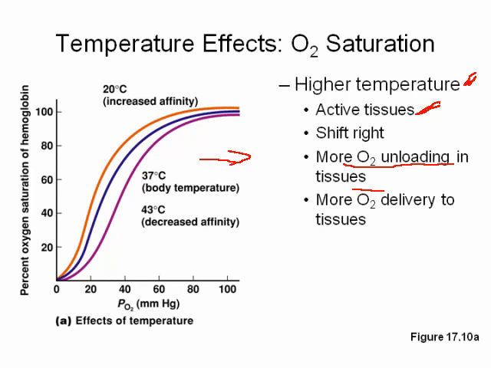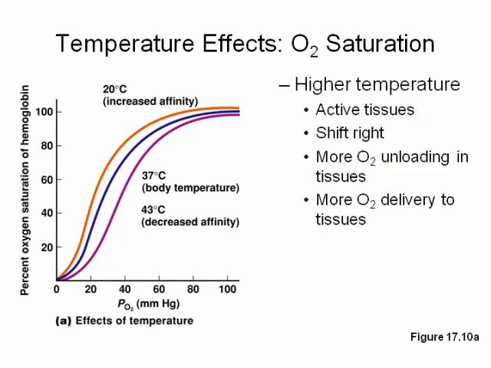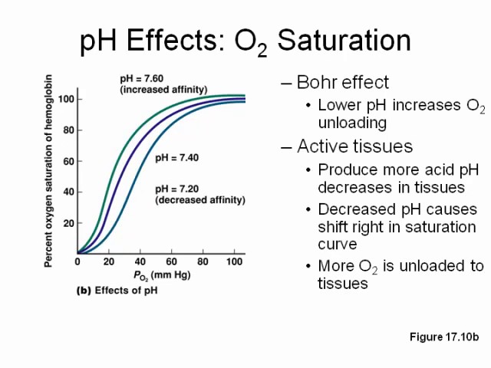If you have greater metabolic activity, tissue that's more active needs more oxygen, so you want more oxygen to be delivered to the tissue. If the opposite happens, and the tissue is less metabolically active, temperature is likely a little bit lower, and you would have less delivery of oxygen to the tissue, which makes sense. The tissue doesn't need as much oxygen.